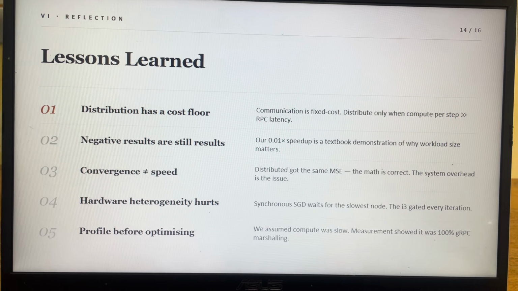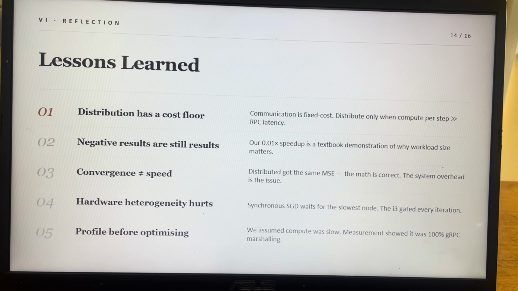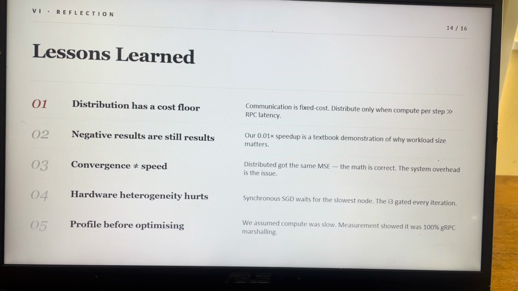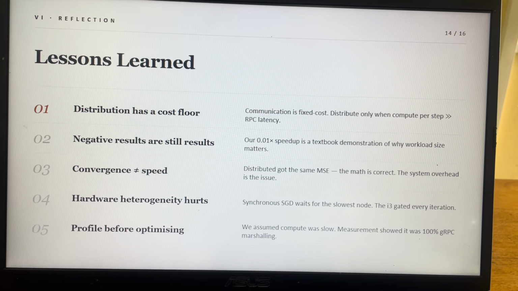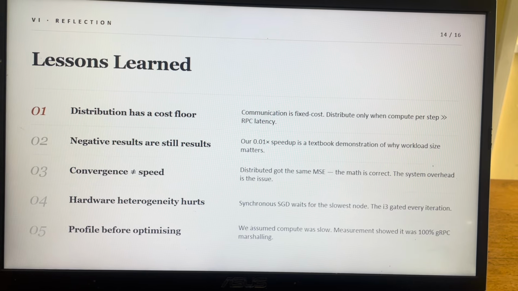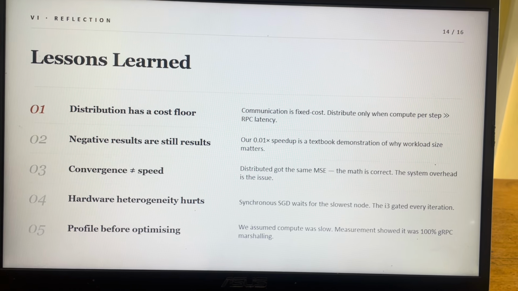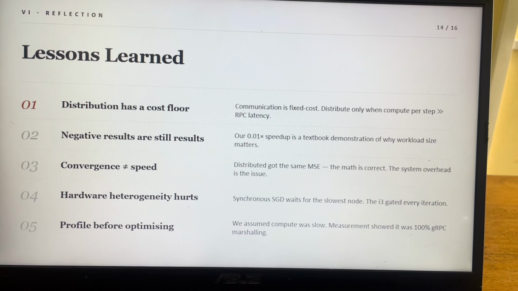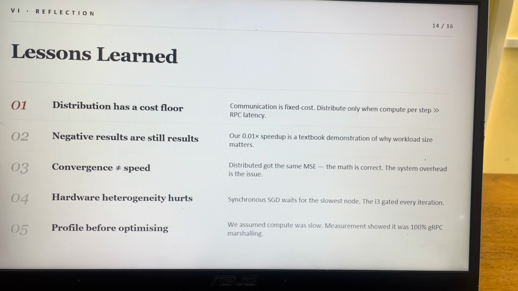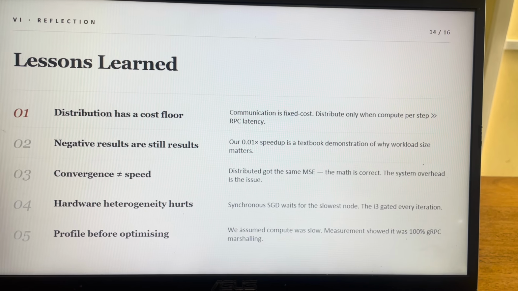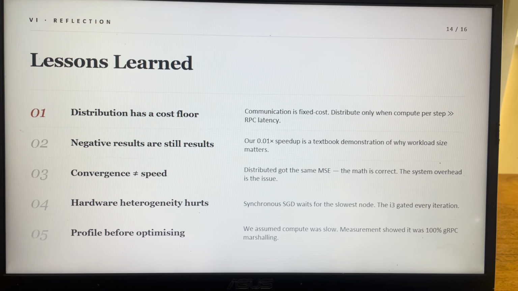Distributed got the same MSE, so the math is correct, but it becomes a system overhead issue, not a convergence issue. Hardware heterogeneity hurts as well, since synchronous SGD waits for the slowest node, and the i3 gated every iteration. Before optimizing, we assumed compute was slow, but measurement showed it was 100% gRPC marshalling.